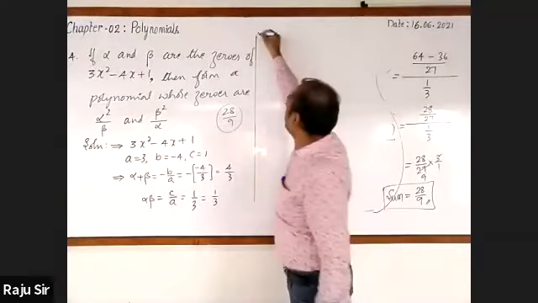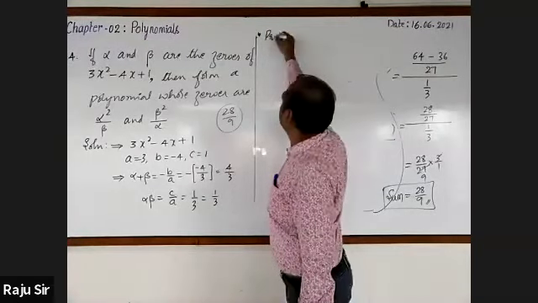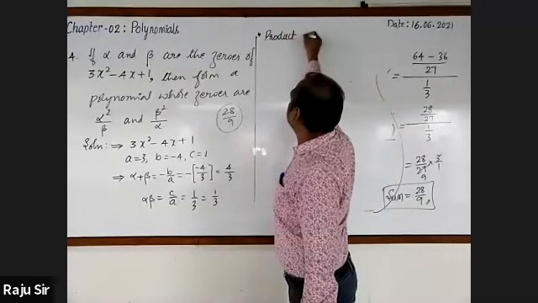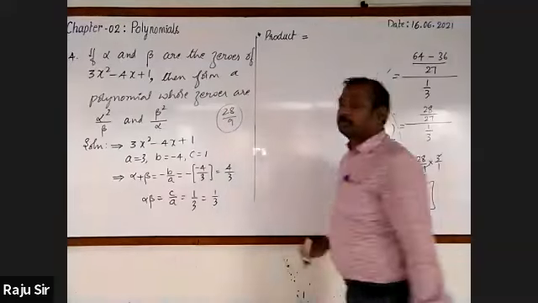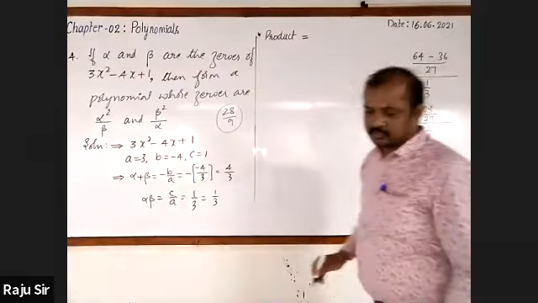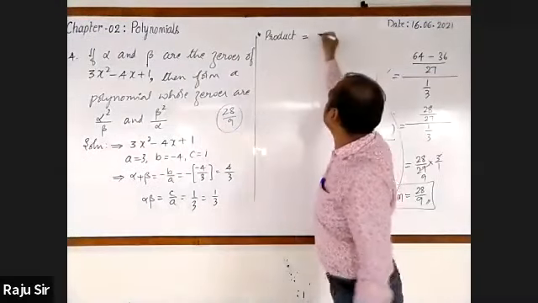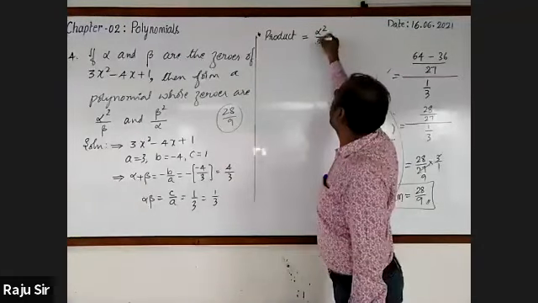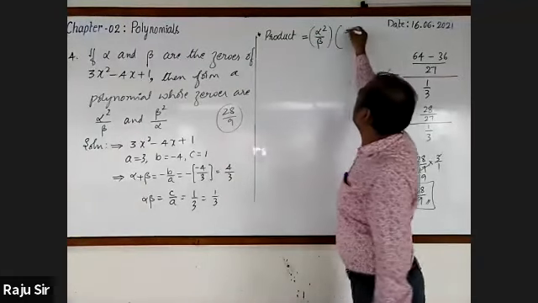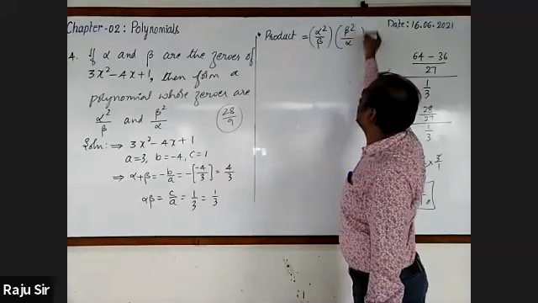Here, the new product is nothing but the product of the new zeros. It is equal to alpha square by beta into beta square by alpha.